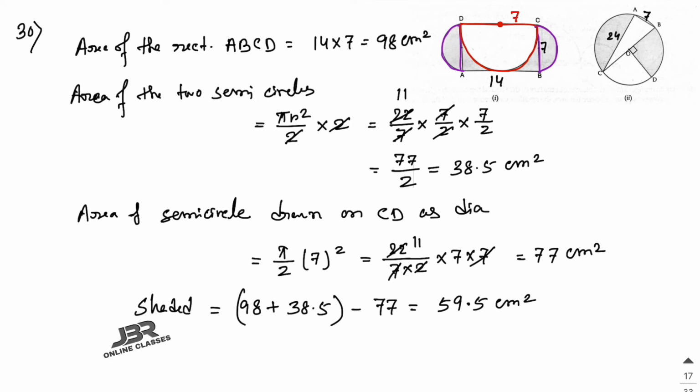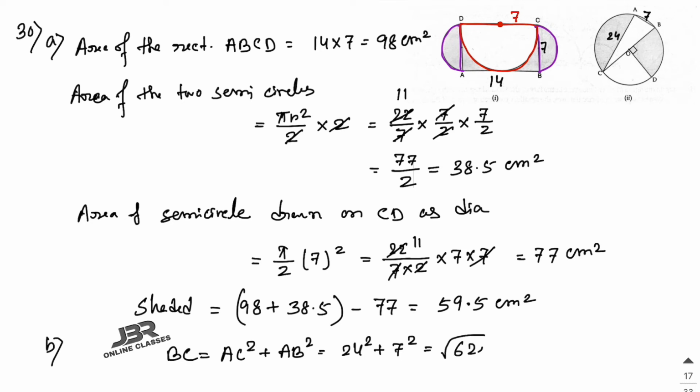Okay, so here in the triangle ABC, by Pythagoras theorem, you can write BC square is equal to AC square plus AB square. BC is the diameter of the circle. So AC means 24 square and AB means 7 square, so that is equal to root over 625, that is 25 centimeter.